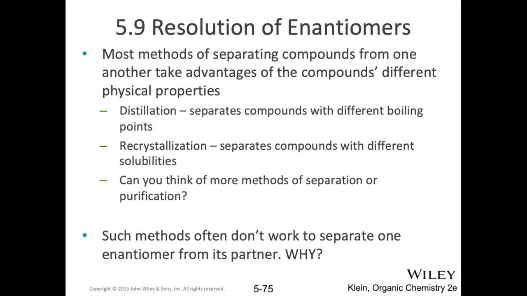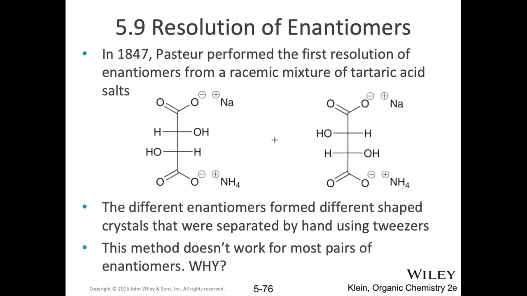We can't use recrystallization. That requires different solubilities, and if these molecules have the same intermolecular forces, which they would, they'll probably have similar solubilities. Okay? So we can't use anything that takes advantage of the melting point either, for the same reason. So basically, this creates a bit of a conundrum here.